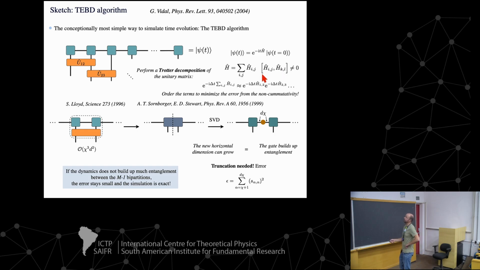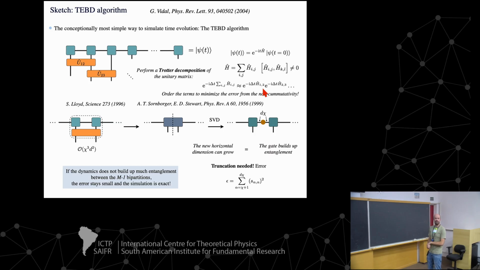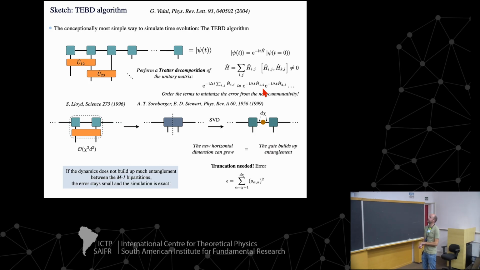So in general, if I want to build the matrix exponential of the full big Hamiltonian, I cannot just say this is a product of exponentials of the small parts of the Hamiltonian, because they don't commute with each other. If they would commute, then I can do that, but they don't in general. So the whole business of this Trotter decomposition is just to find the corresponding order of applying these little 2-site gates such that one minimizes the error that one makes from the fact that these things don't commute with each other.